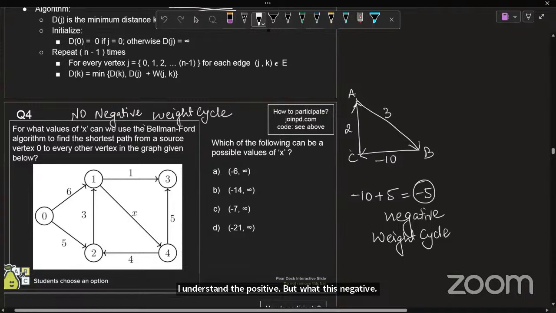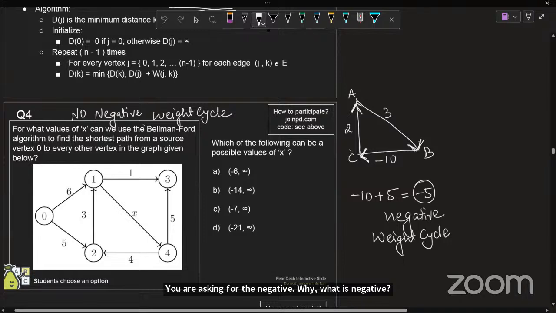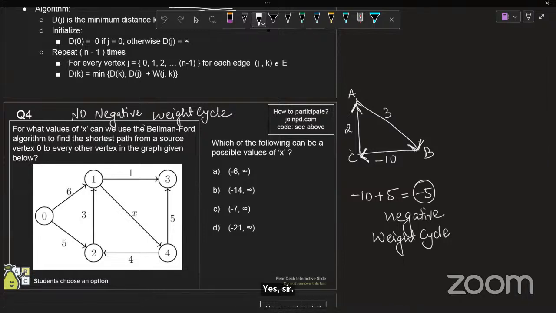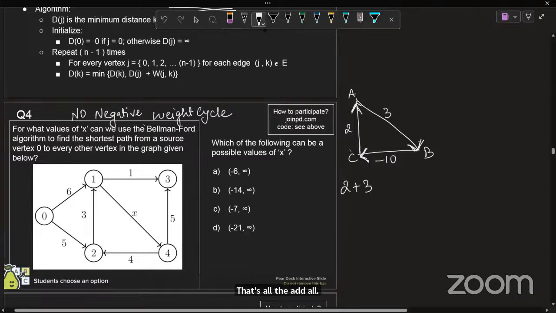If you add all the weights of AC, CB, and BC, 2 plus 3 plus minus 10, what is the overall weight?